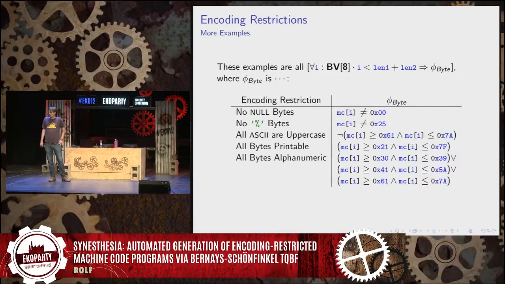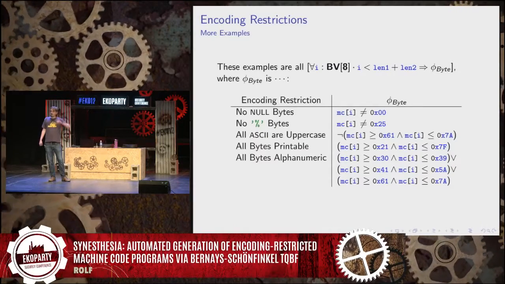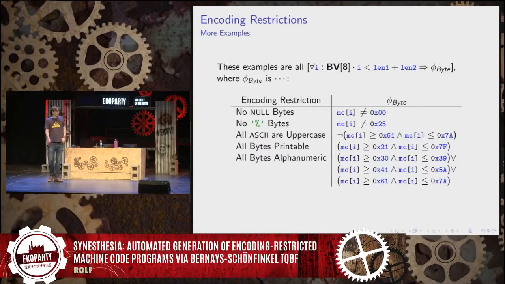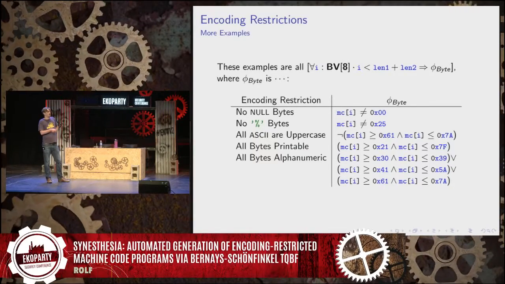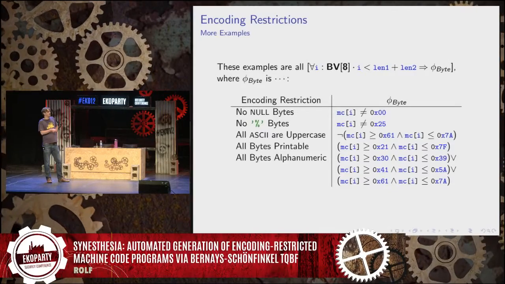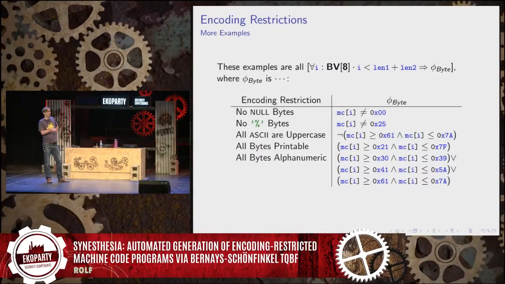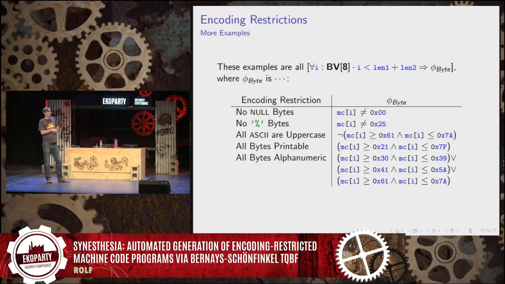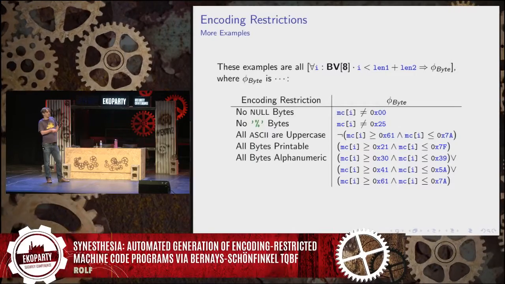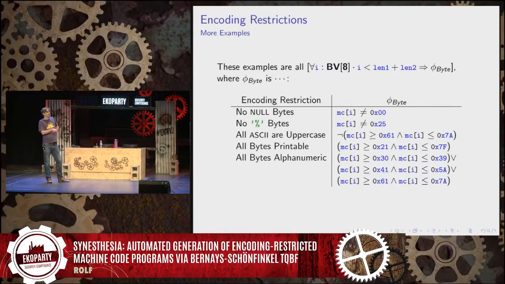So here is a formalization of all of the examples that I gave in the beginning of the presentation. We just saw the no null byte example. And if we don't want any percentage characters in our shellcode, then we just say none of the bytes are equal to 25 hexadecimal. If we want all the ASCII letters to be uppercase, we just say none of the bytes are lowercase ASCII letters.